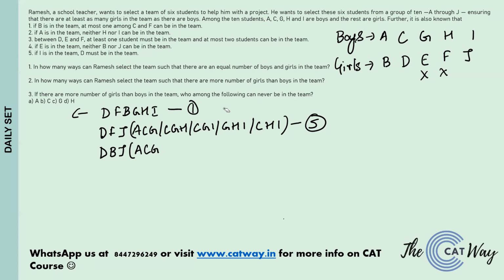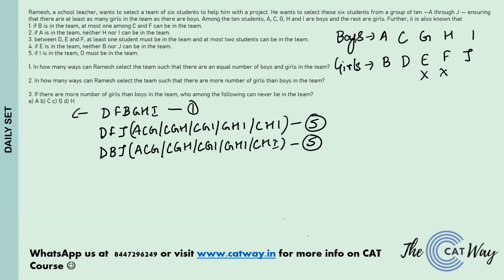That is, four people are there, we have to select three people from it. There can be four cases: CGH, CGI, GHI, CHI. So these are the four possible other cases. That means a total of five possibilities over here.